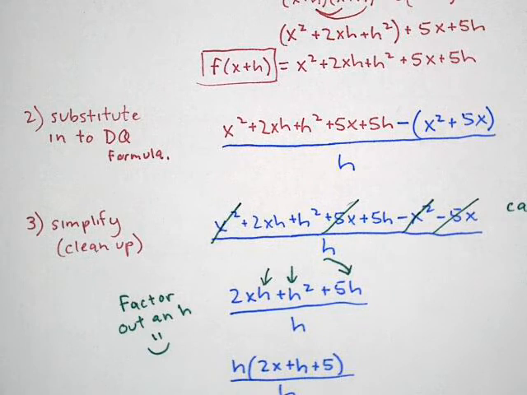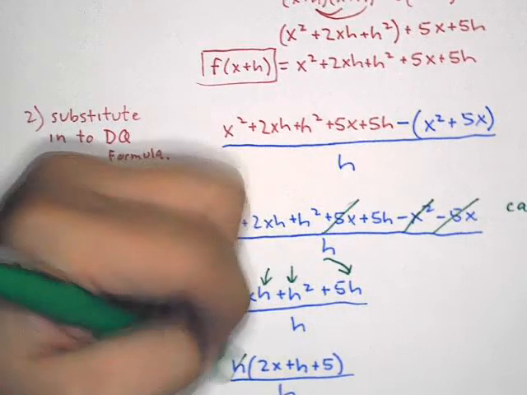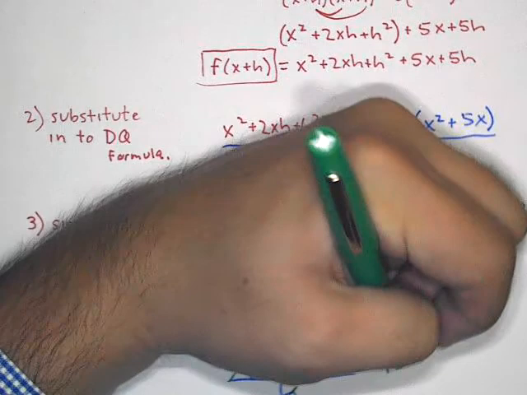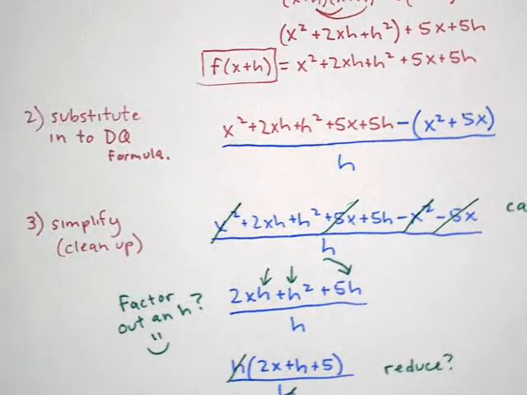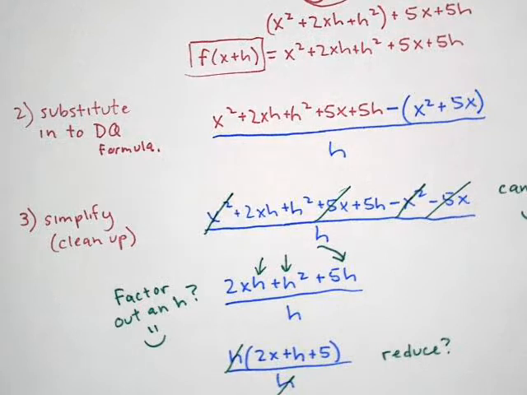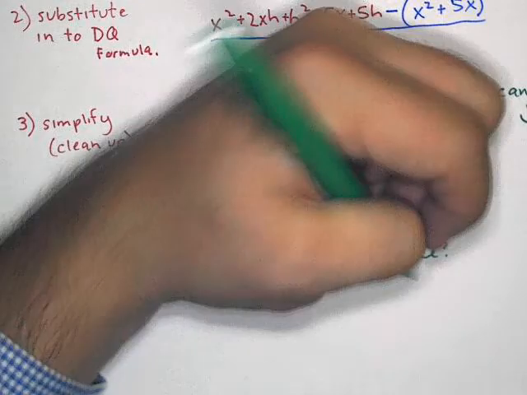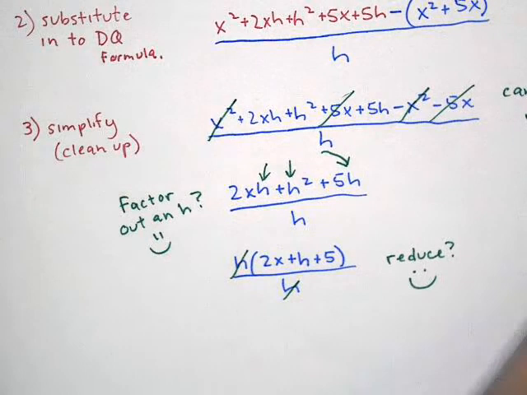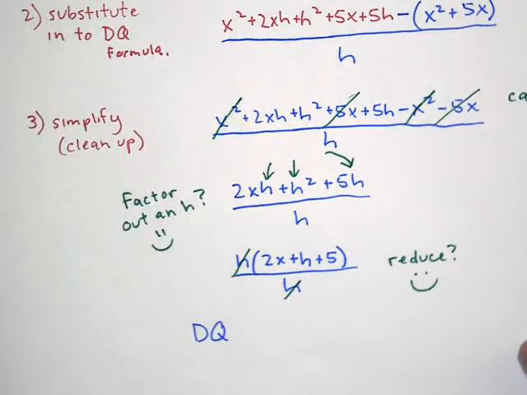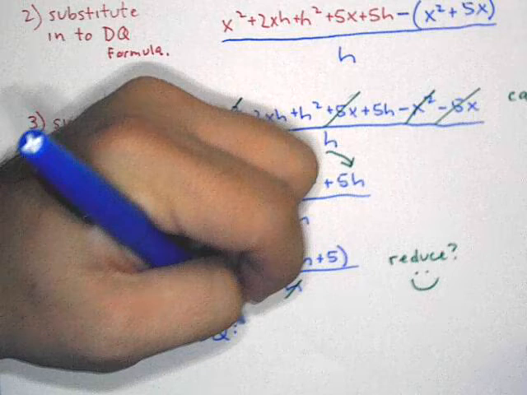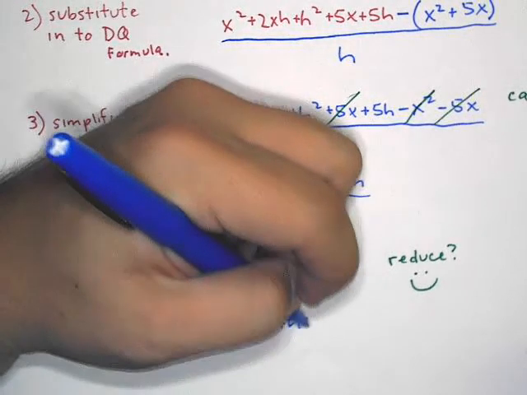And what do you think I'm going to do again now? If you can reduce, one more smiley face, and we know that the difference quotient is 2x plus h plus 5.